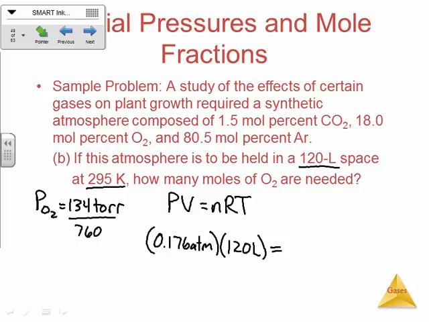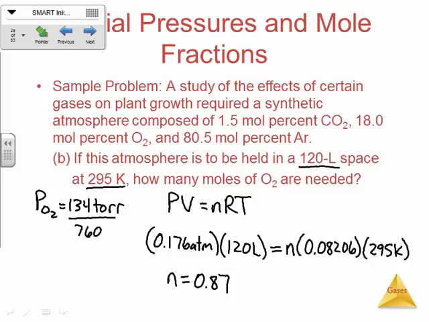That's equal to our number of moles, which we're trying to find, times 0.08206, times our temperature, which is 295. Alright, solve all of this. Should get number of moles to be about 0.87. I guess it's just going to be 87 because of our volume. So there's our number of moles for that.